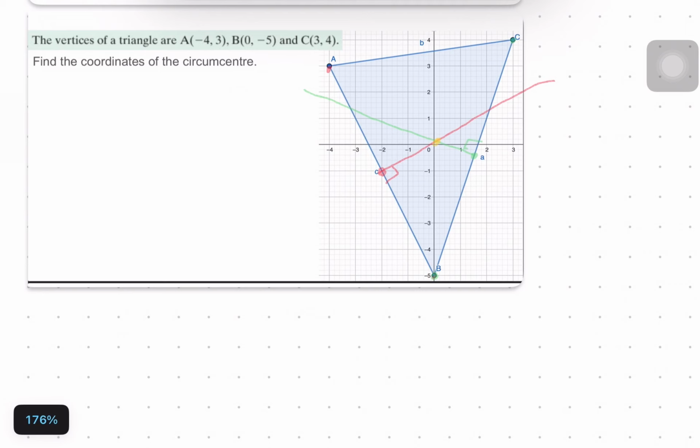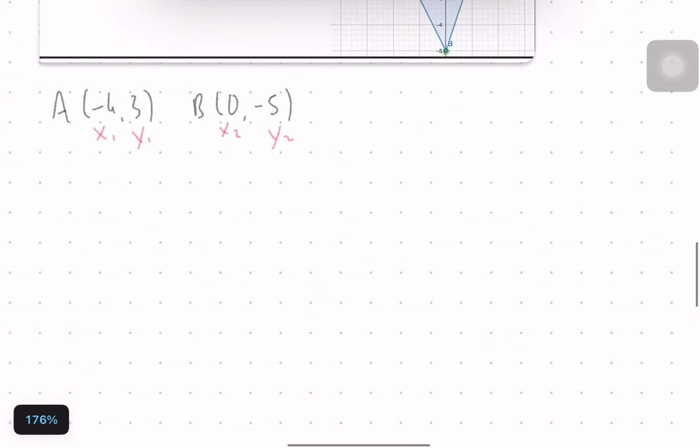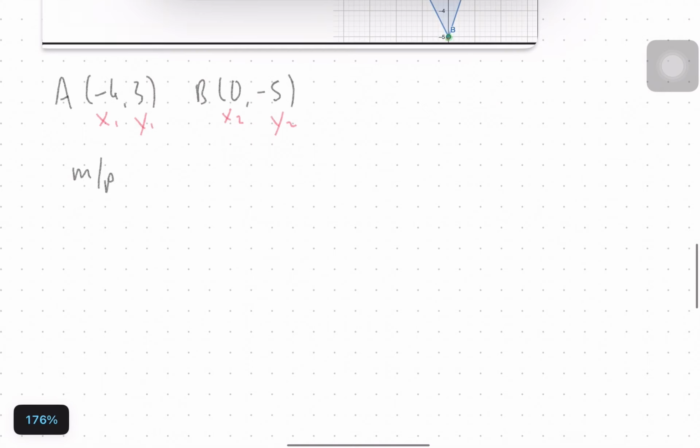So what do we need to do? Find the midpoint of AB. A is -4, 3. B is 0, -5. So let's call that x1, y1, x2, y2. The midpoint of AB is x1 plus x2 over 2, y1 plus y2 over 2.